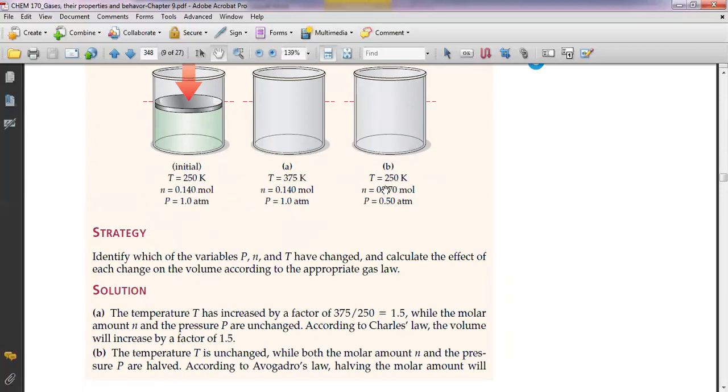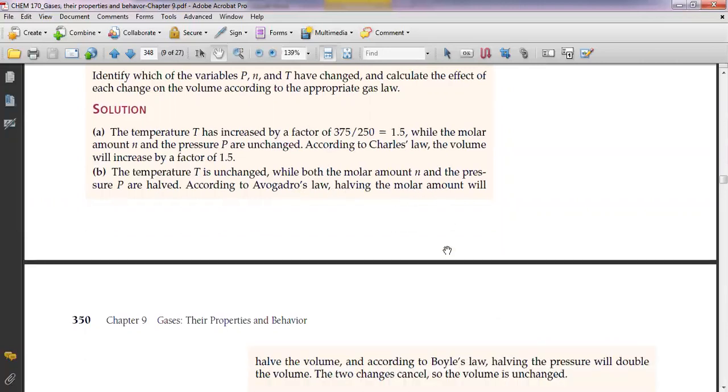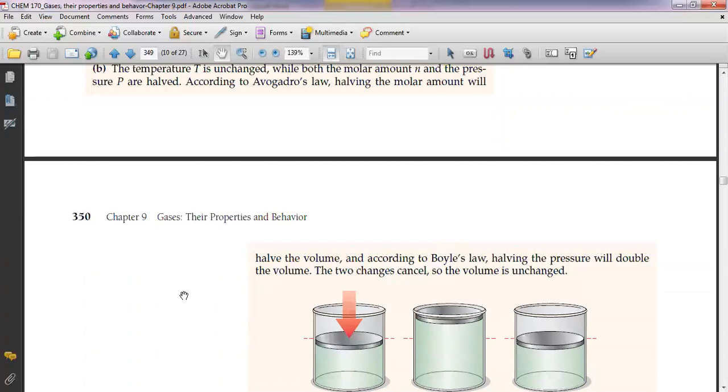So if the number of moles decreases, the volume also decreases. According to the Avogadro law, having half the molar amount gives half the volume.